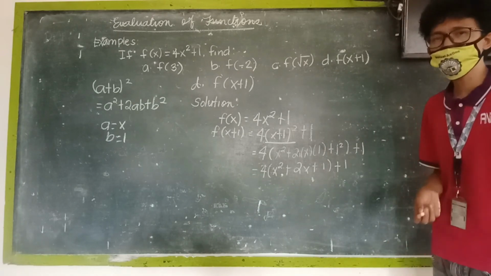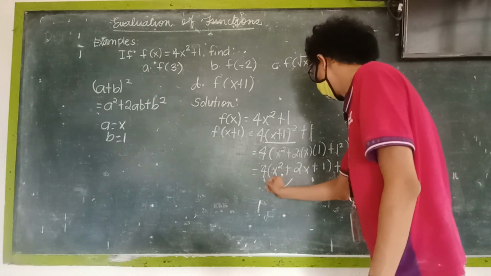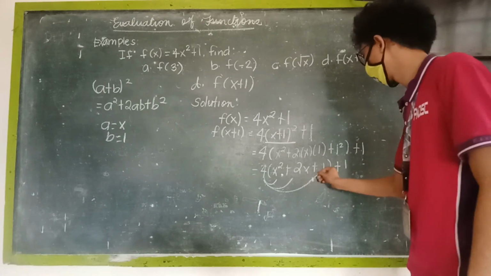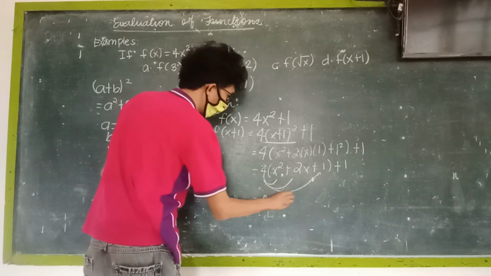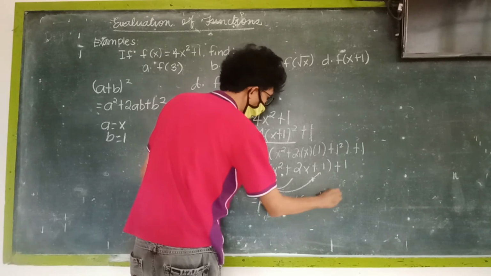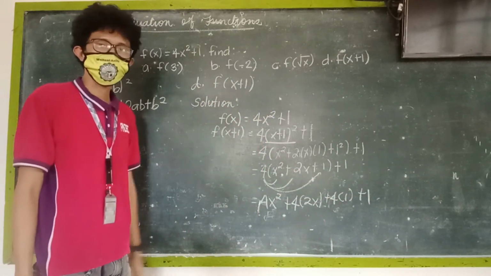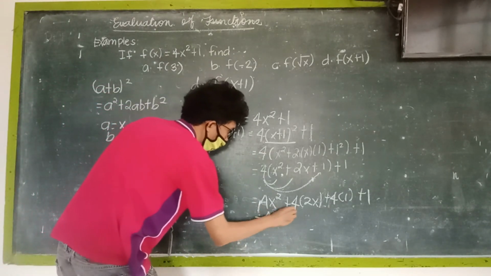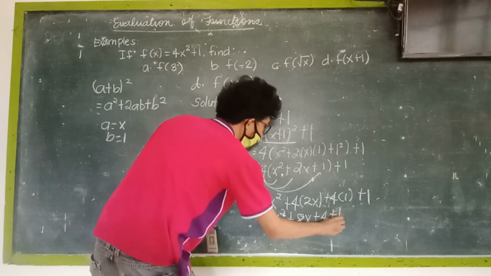After that one, we will multiply. So, we have 4. I-distribute natin ang 4 sa x squared, 2x, at saka sa 1. So, we have 4x squared plus 4 times 2x plus 4 times 1 plus 1. I-multiply na naman natin. So, we have 4x squared plus 8x plus 4 plus 1.